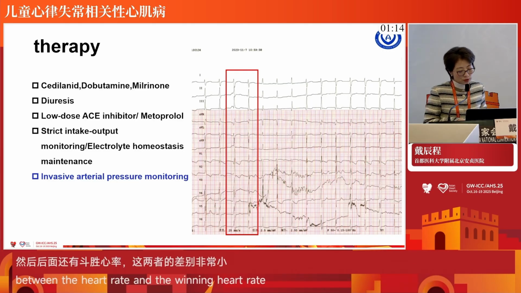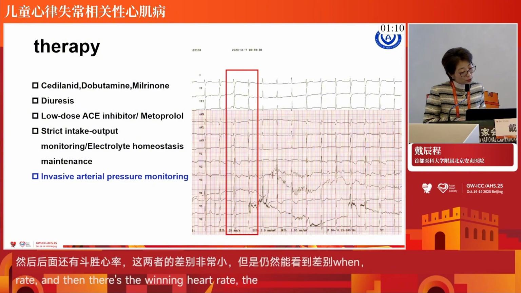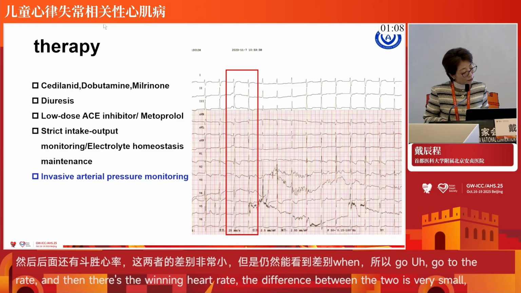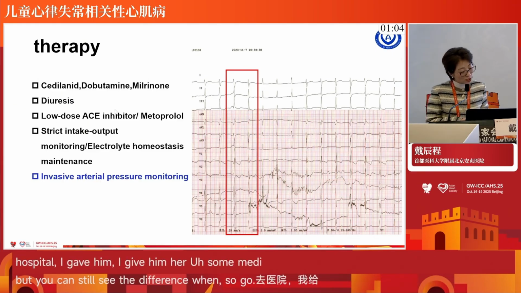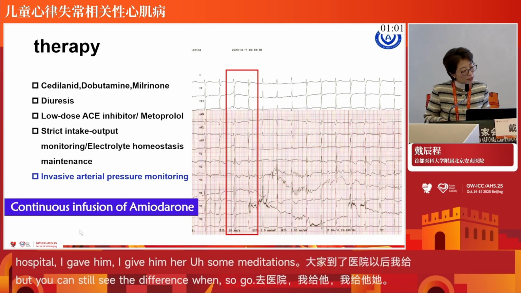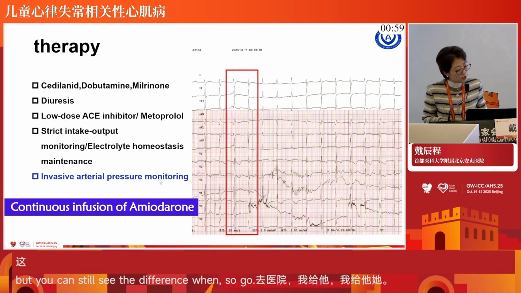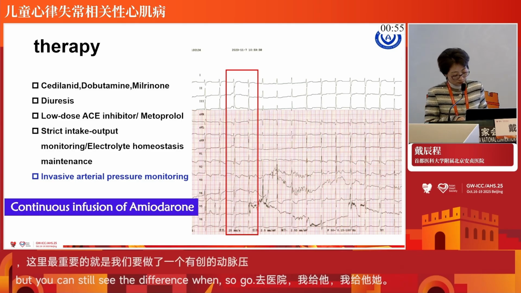So when she came to the hospital, I gave her some medications, and the most important was invasive arterial pressure monitoring, and I gave her continuous infusion of amiodarone.